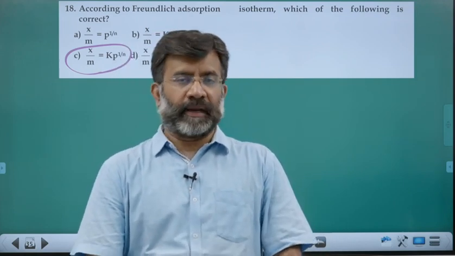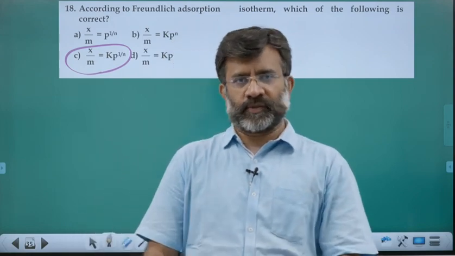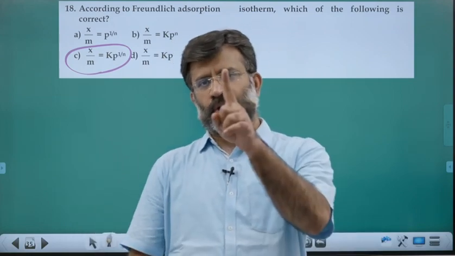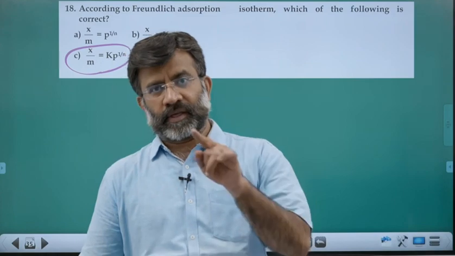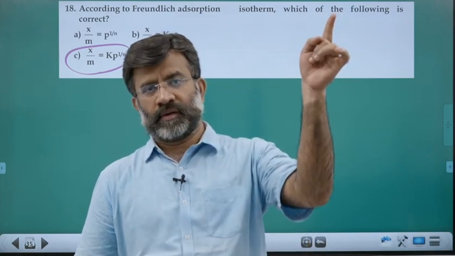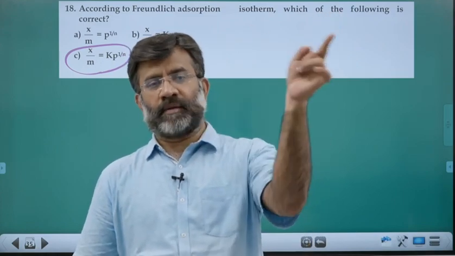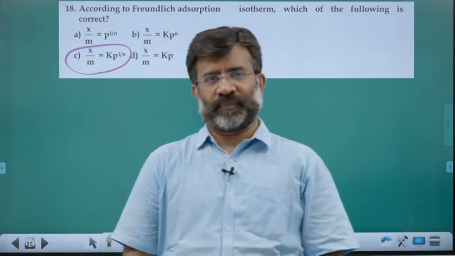That is 1 by n. Suppose n equals 1, 1 by 1 is 1. Suppose n is a large value, 1 by a large value goes to 0, like that.